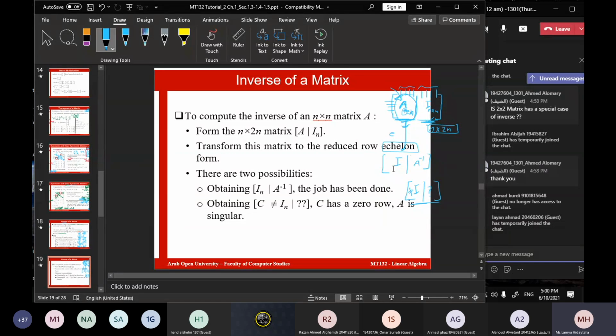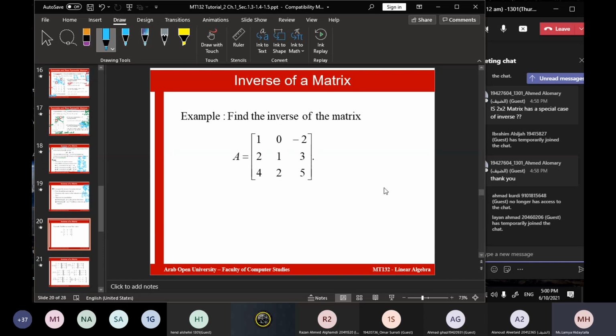Correct? So if this happens, then yes, this matrix has an inverse, and the inverse of this matrix is the right hand side, this part here. But if this doesn't happen, then this is not the inverse, and that matrix has no inverse. Clear? Let's take an example.